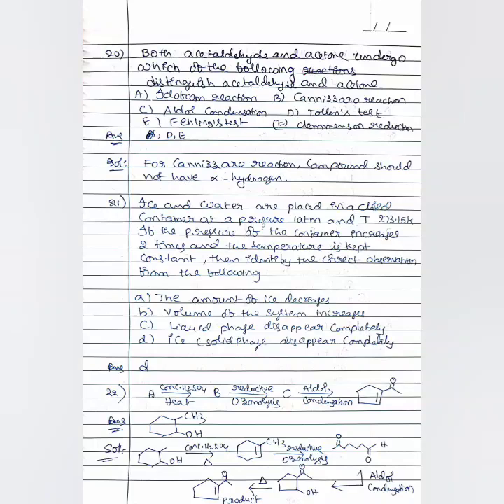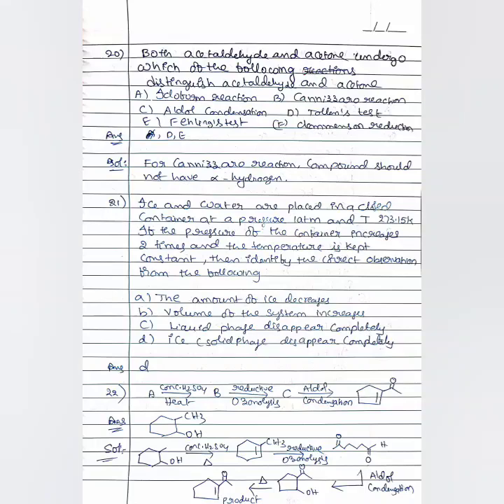Next one, a series of reactions and reagents are given, and the final product is the aldol condensation product, and we are asked to predict the first reactant. You can see the solution here and check the answer also.